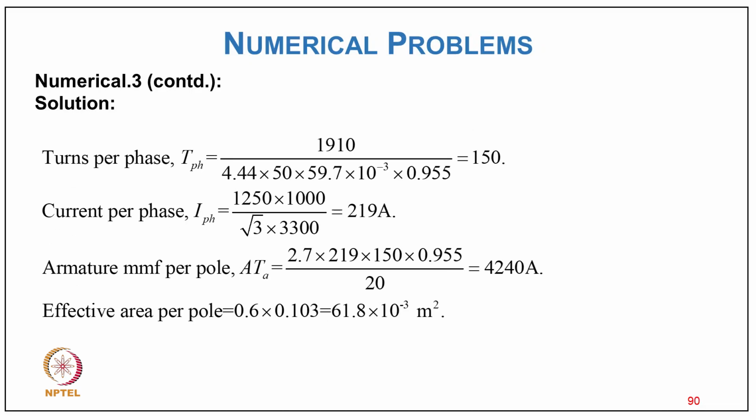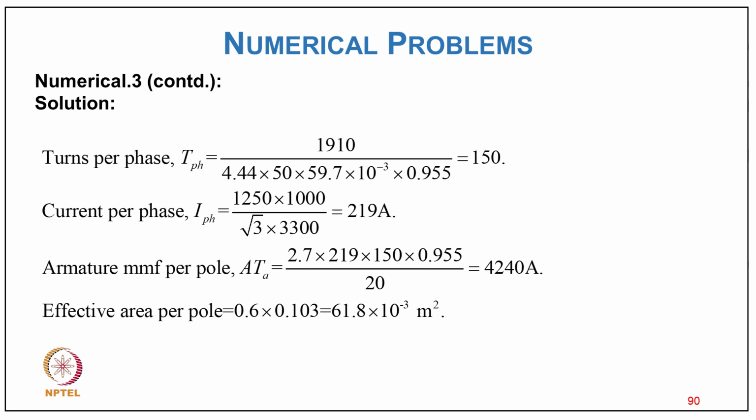Now turns per phase is from the induced EMF formula per phase, E divided by 4 Kf f phi into typically Kw, that's 150. Current per phase is your kVA divided by root 3 into V, that comes 219 ampere. Armature MF per pole, putting the values in the relation of 2.7 IPH into Kw divided by number of poles, comes 4240.